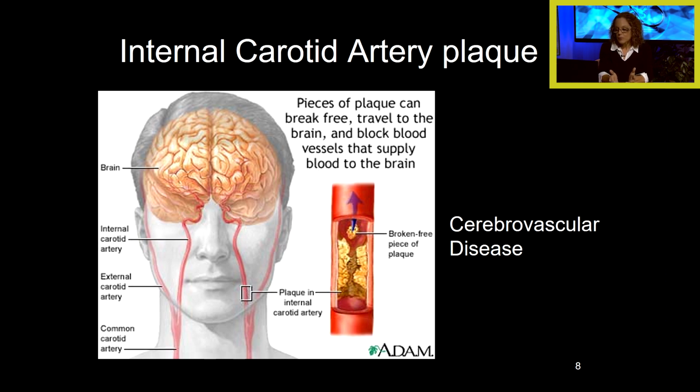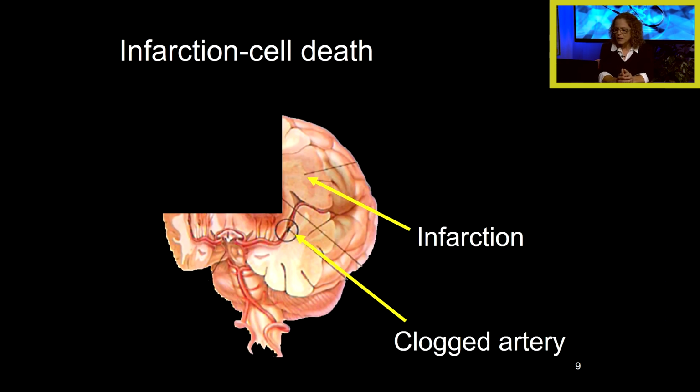The plaque breaks off, becomes an embolus, and travels up into smaller and smaller arteries until it lodges in a small artery and blocks the flow of blood. Here we can see an example of a clogged artery. Up above that area, we can see that there is cell death, because the blood is not able to supply the tissue above where the artery has infarcted.